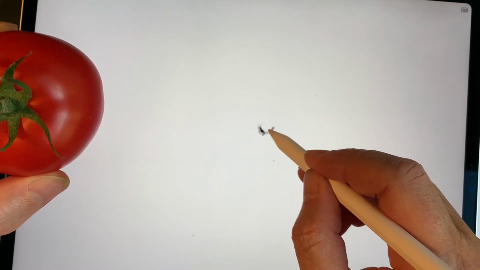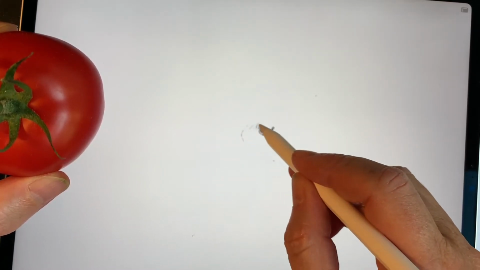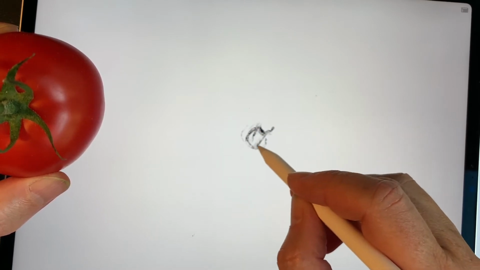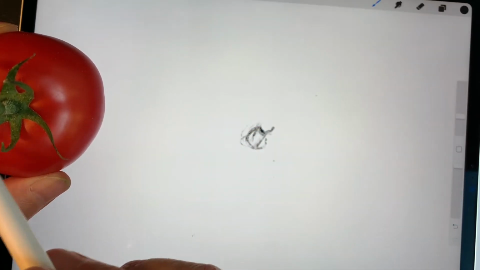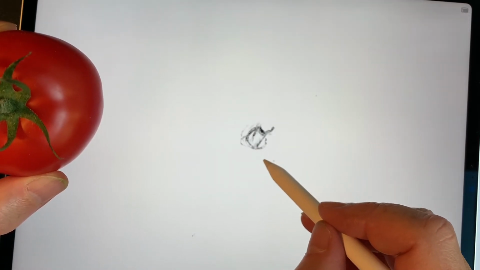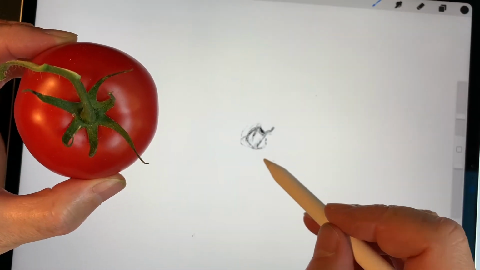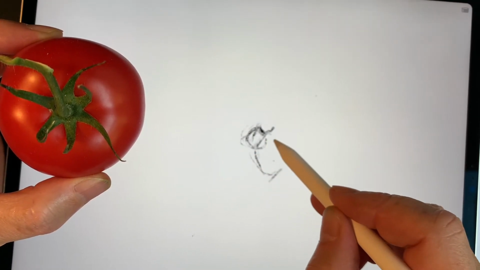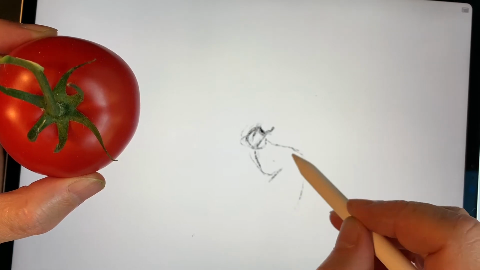With the inner part here, I start, and it's going down like this. I have the inner round here, and now I have all the sepals going out here in different directions. This goes in this direction, this one goes in this direction.